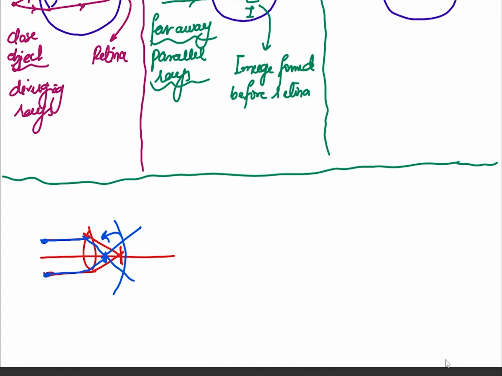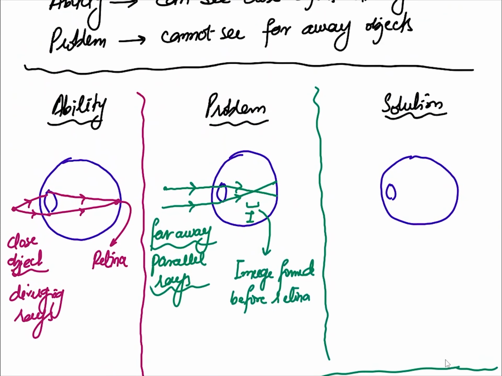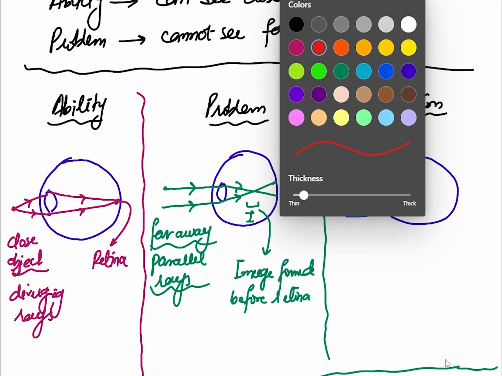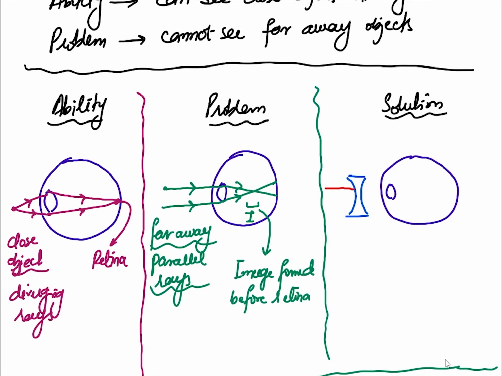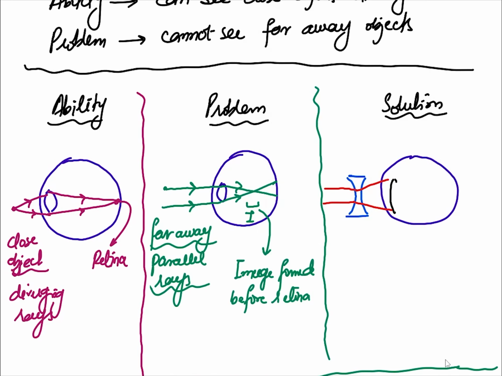So since it is too much bending, it is too much convergence, what I would identify this as, that what I need to do is I need to place a diverging lens so that the light rays may be diverged before they reach the eye. Deliberately, we are doing this deliberately to compensate for the effect that the lens of the person is already doing.